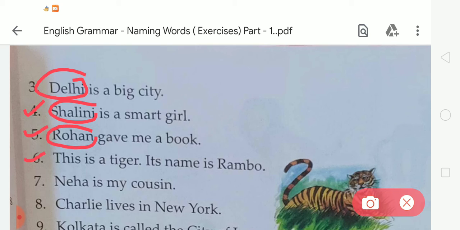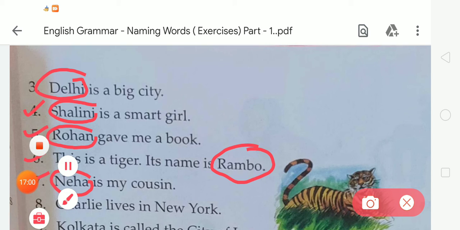Okay. Now the next, number 6: This is a tiger, its name is Rambo. So we have to circle the given word Rambo. Now the next, number 7: Neha is my cousin. So we have to circle the given word Neha. Now the next, number 8: Charlie lives in New York. In this sentence there are two special names.